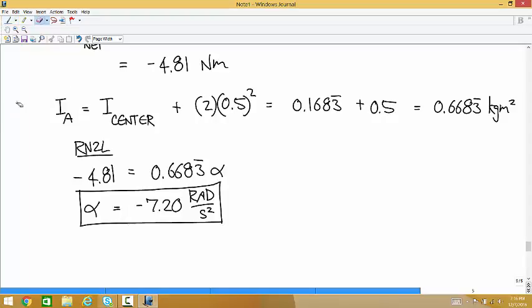And so this time, in the first example, the weight didn't have any effect on the rotation, and the object rotated counterclockwise.